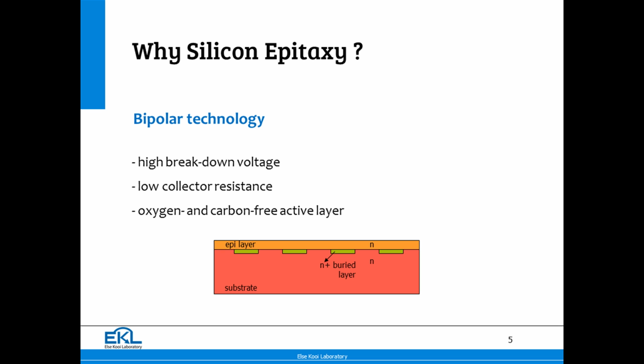There is a third advantage, which is not very important for bipolar processing. The epilayer is a lot cleaner than the substrate usually is. It does not contain oxygen, it does not contain carbon, and in that respect it is a better quality layer.